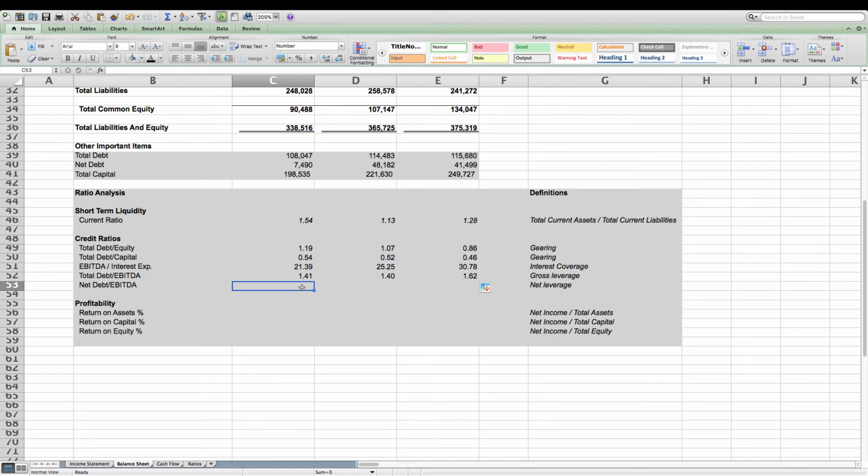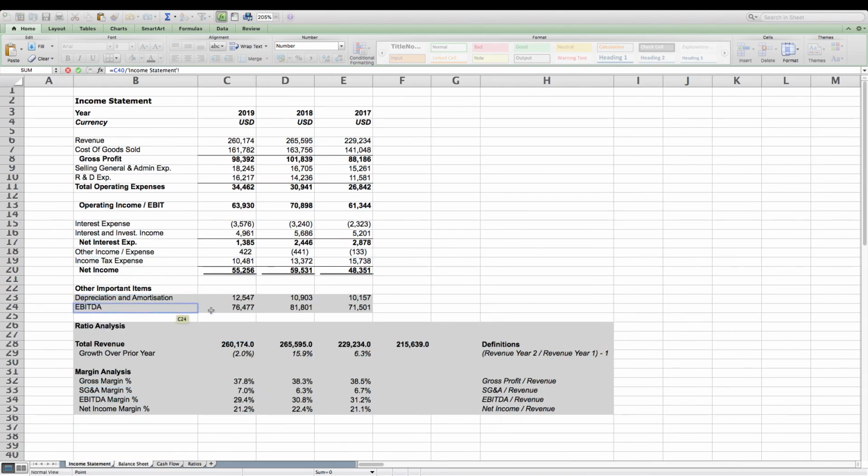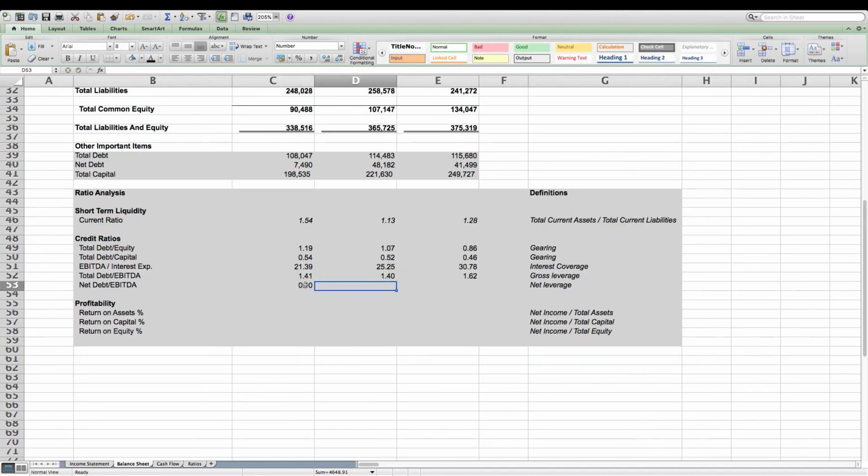One is the company's earnings, and two is the amount of cash that it already has on its balance sheet, right? So when we look at the total amount of net debt that Apple has, which is quite small compared to the total amount of debt that it has, and we divide that by the EBITDA, this gives you the net leverage ratio.